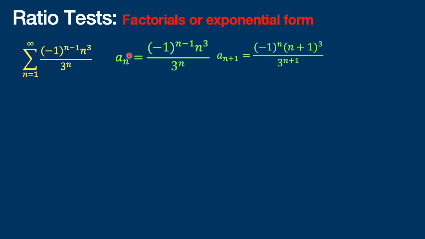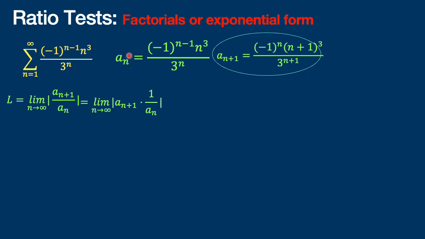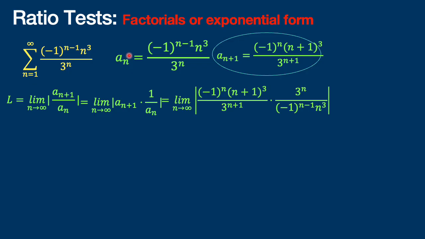That's the a_n. Now, we're going to find the limit of the ratio of consecutive terms. Here you go. a_(n+1) times 1 over a_n. So I find a_(n+1), and I know 1 over a_n is going to be the reciprocal of a_n. So (-1)^(n-1) n^3 goes down to the denominator, 3^n goes to the numerator.